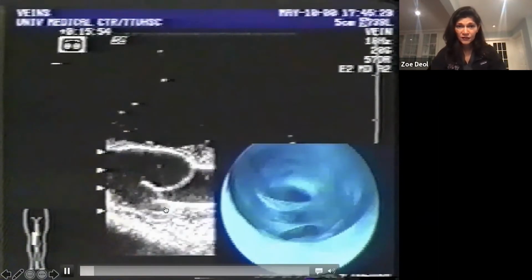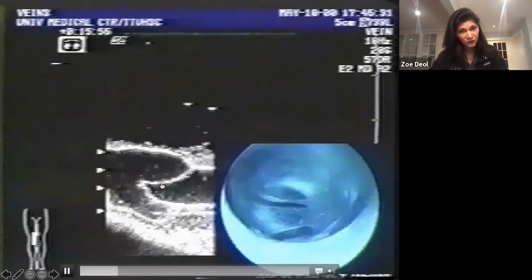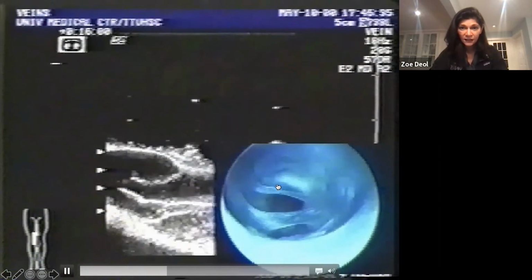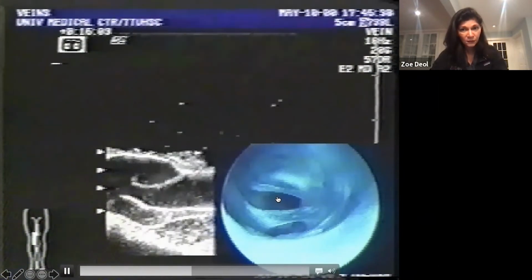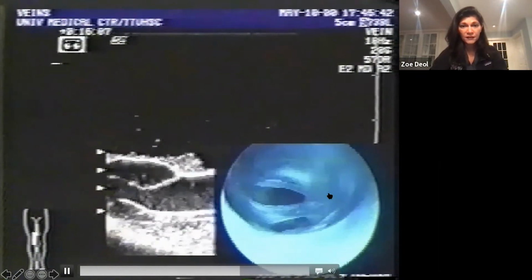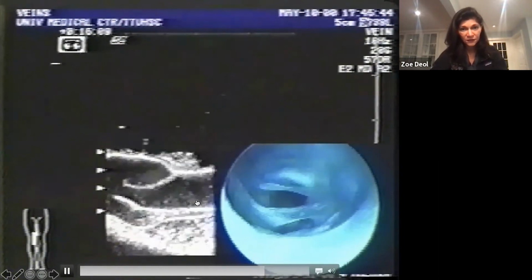Here's an image, courtesy of Dr. Pappas. This is an ultrasound image of opening and closing, and this is a venoscopy. It looks like a little fish mouth, but that is equilibrium, where the valves are vibrating and the flow is equal on both sides. You can see that on ultrasound too.